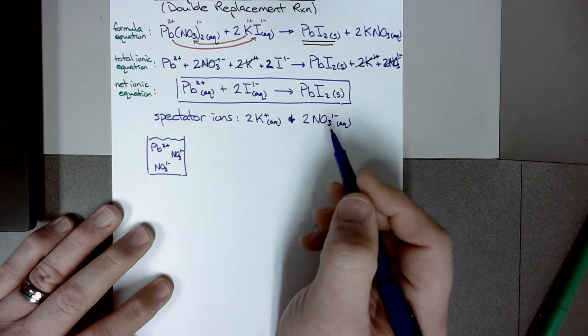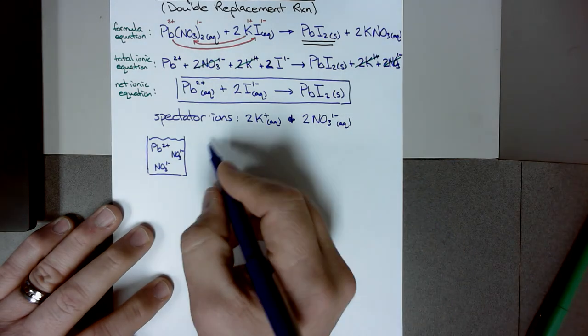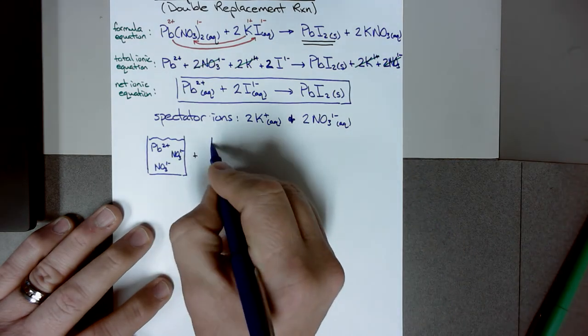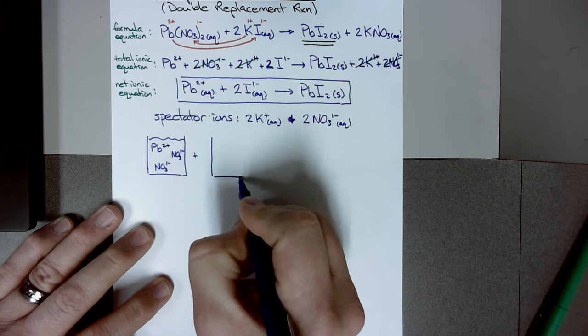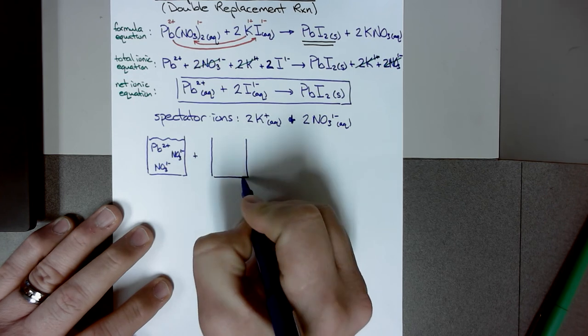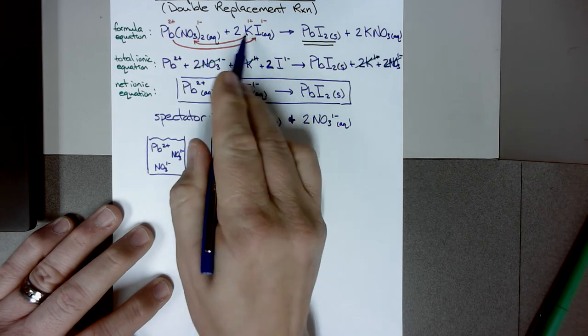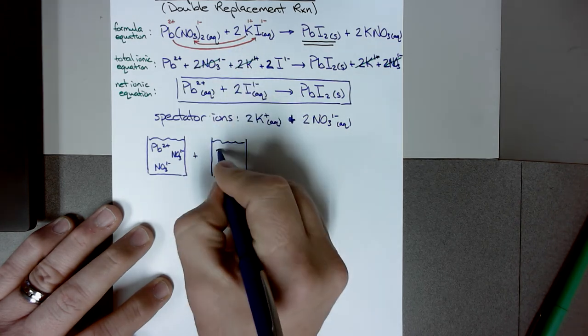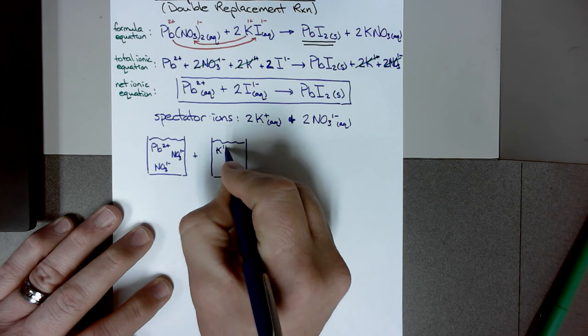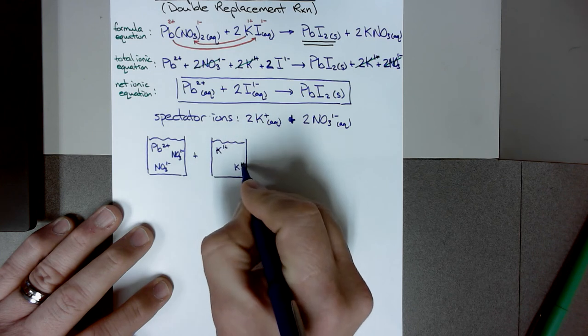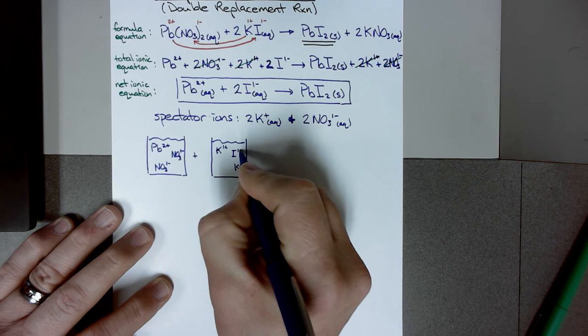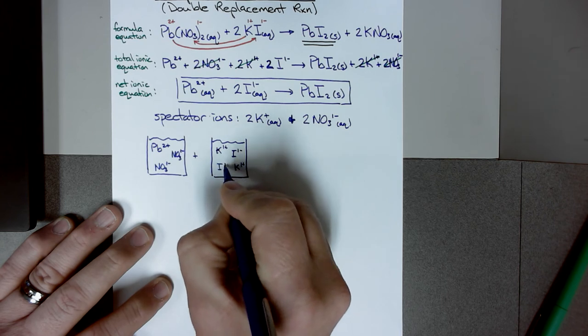Okay? And then if we take that and add the other beaker, which in this case shows 2 potassiums and 2 iodides, so it's a potassium 1 plus, an iodide 1 minus, and an iodide 1 minus.